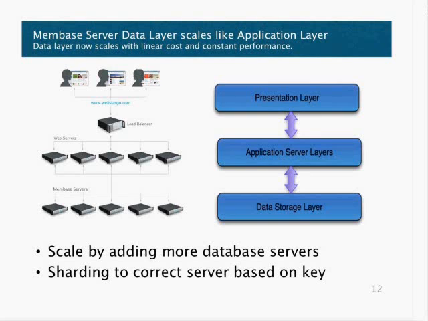The data is sharded across those servers, so it's equally spread out across them, and it can be accessed by the application servers in the same way, typically via the key. Once the web server knows the key of the information it's looking for, it will ask the storage cluster, and the cluster will then provide the correct value back to the application server.